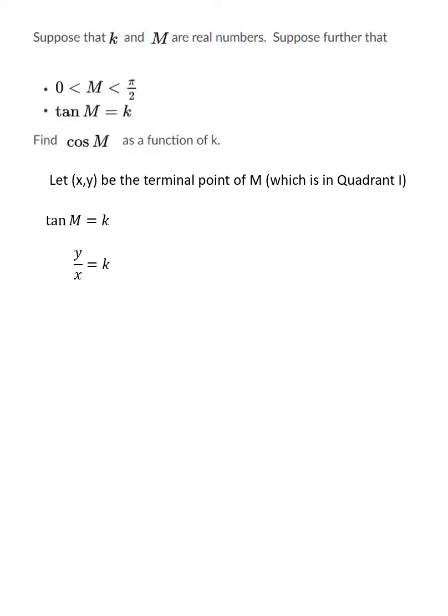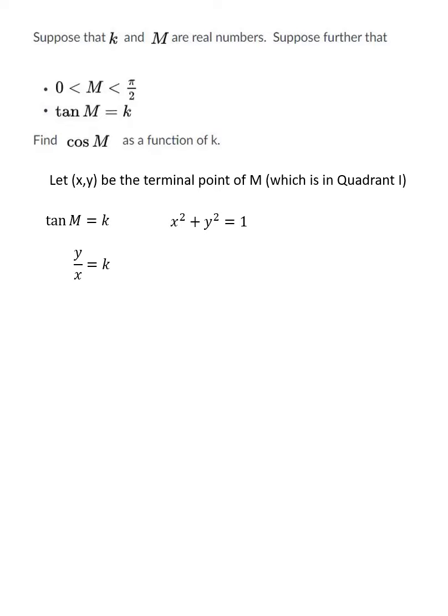The tangent is always the y-coordinate divided by the x-coordinate. And now I have one equation involving x and y. But also remember, m terminates on the unit circle, and any point on the unit circle satisfies this equation. So I now have 2 equations, both with x and y in them, that I could solve and get some information about what I ultimately want, which is the cosine of m.